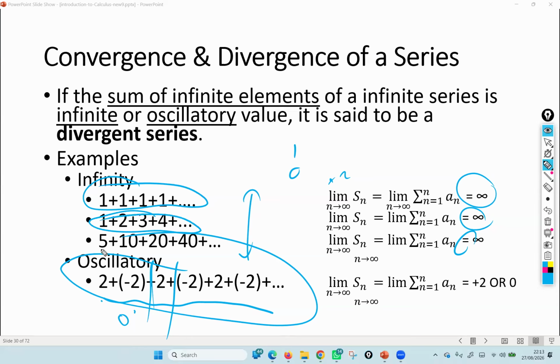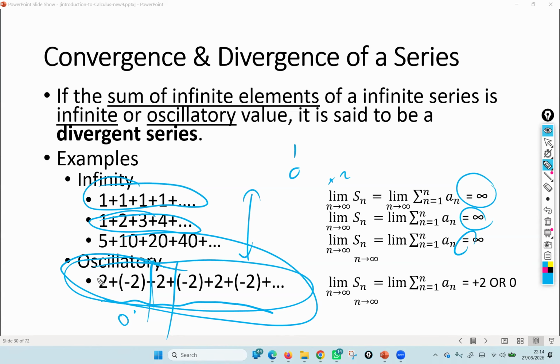If it is oscillatory, of course, both divergent sequence and divergent series. But the interesting thing is there are some convergent sequences where the series is also convergent, but not every convergent sequence is a convergent series.